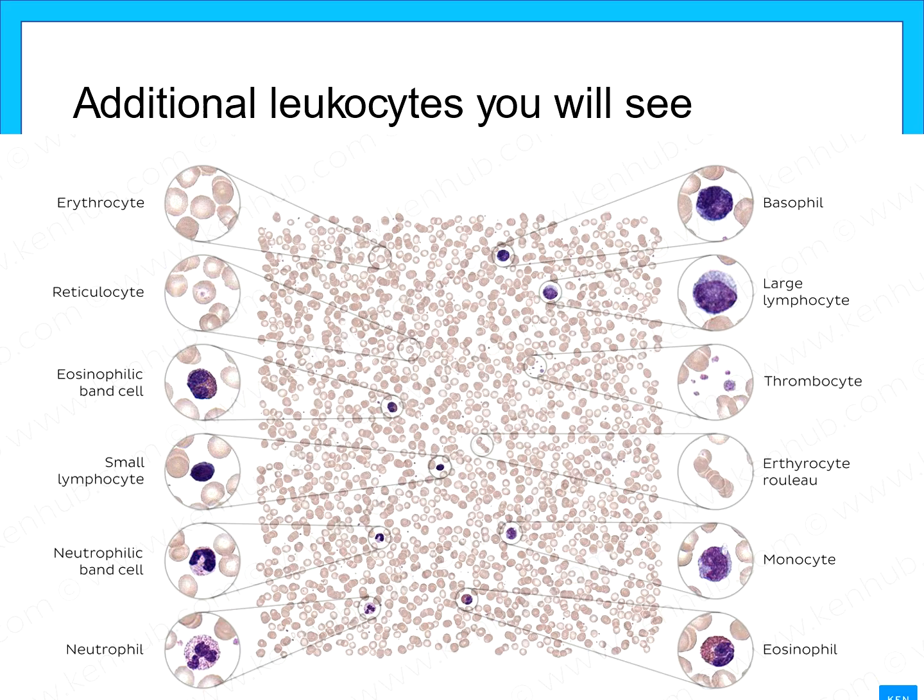And some additional leukocytes that you might see are eosinophils, which have these little granules in them. You also might see what's called an eosinophil, which has two lobed to the nucleus.